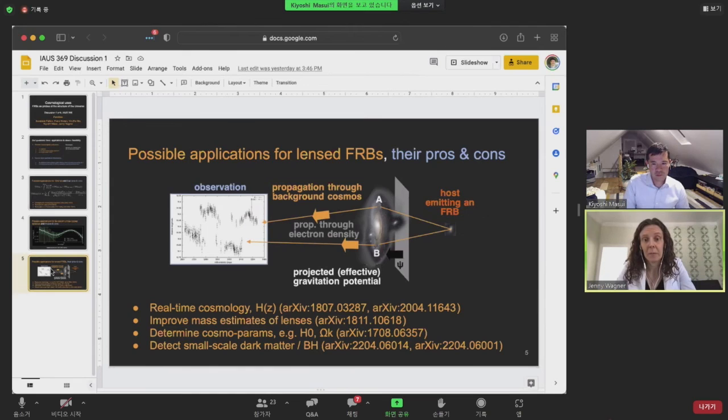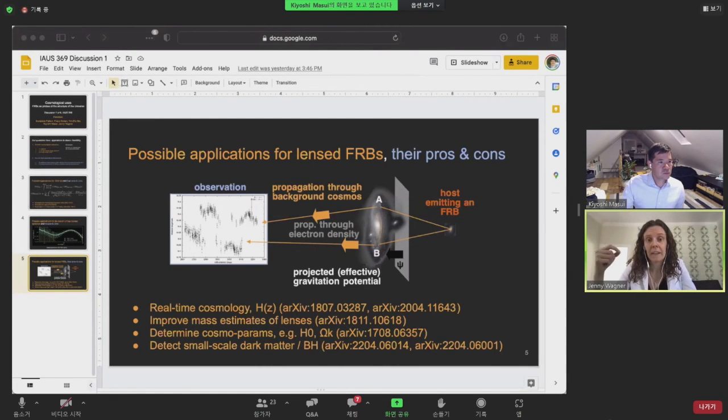Normally when we use strong gravitational lensing to estimate masses, we usually have what's called the mass sheet degeneracy, or even worse, higher order degeneracies probing the small scale potentials in a galaxy cluster. And when we use the time delay that we can measure of one FRB which is multiply imaged, then we can already improve the galaxy cluster masses by a lot.